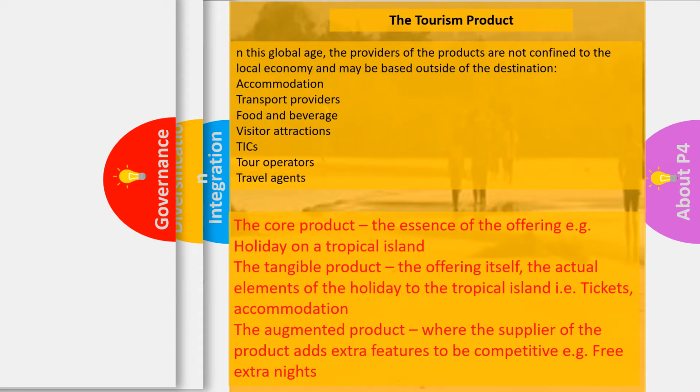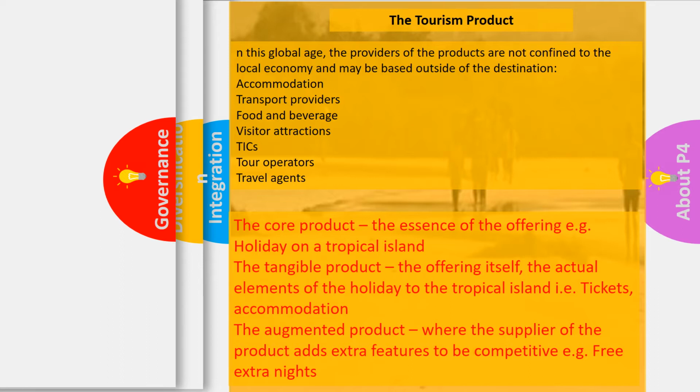Tourism product, we can think of it in terms of the marketing mix as well. In terms of the product, you have the core product and you have the augmented product. The core product is actually the essence of the offering, a holiday on a tropical island, for example. Or you've got the intangible product, the offering itself, the actual elements of the holiday to the tropical island, like the tickets, accommodation.